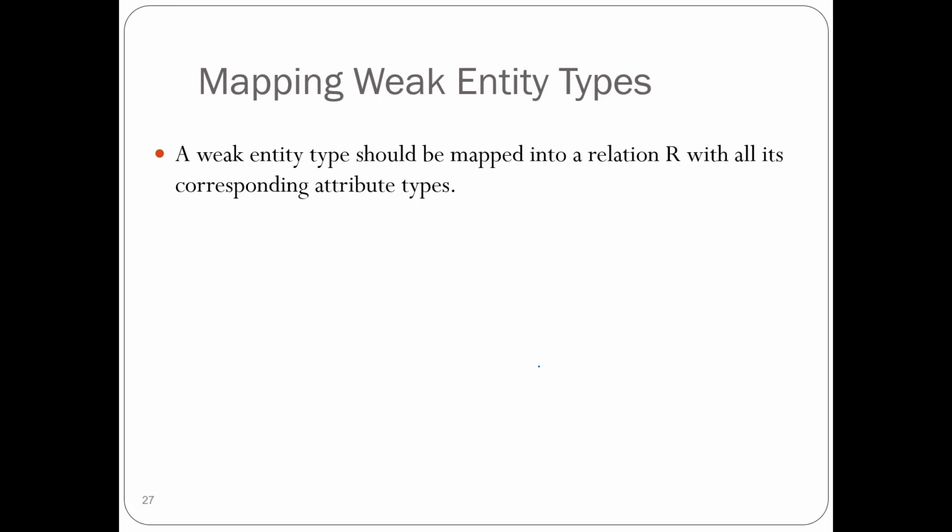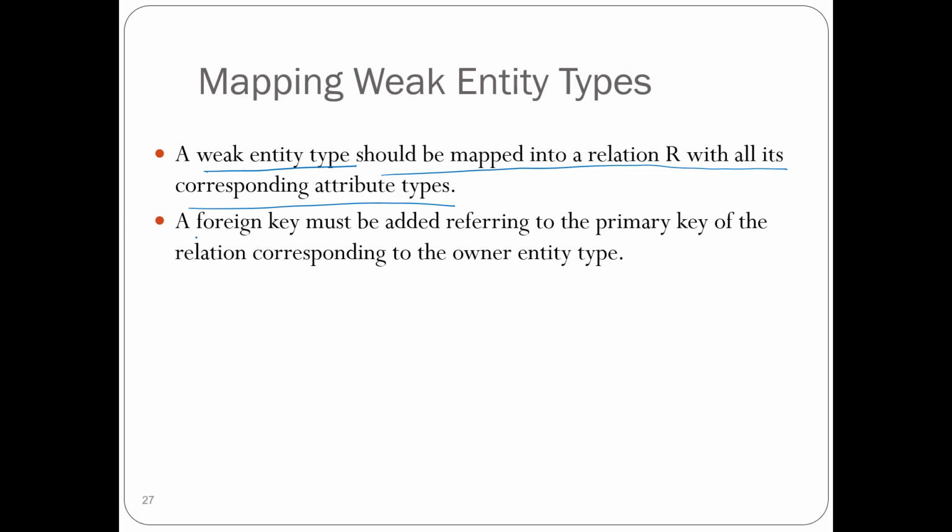Fine. Now let's also look at the mapping of weak entity types. How do we map a weak entity type? That is also very common. A weak entity type should be mapped into a relation R with all its corresponding attribute types. Fine. And then a foreign key must be added referring to the primary key of the relation corresponding to the owner entity type.